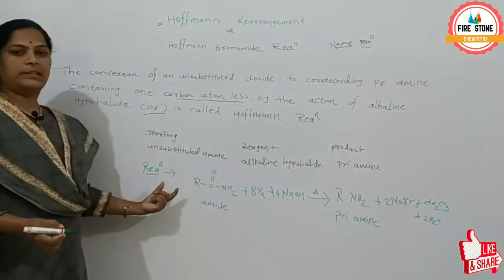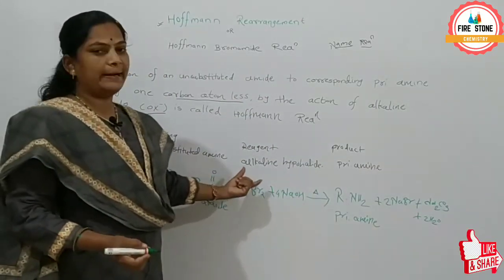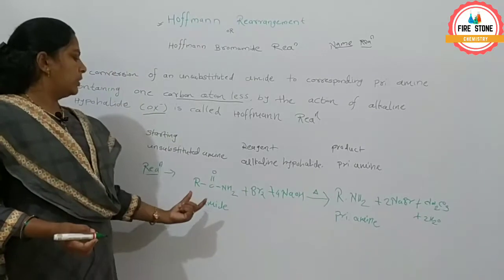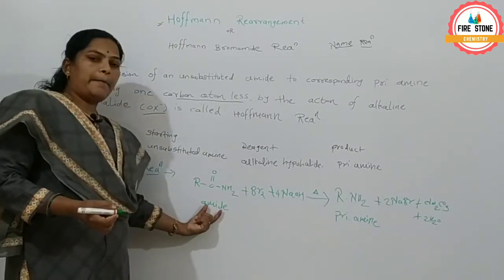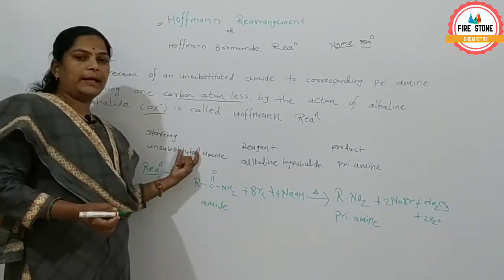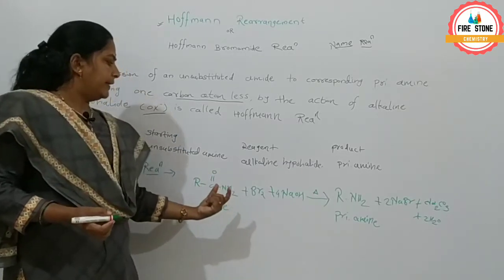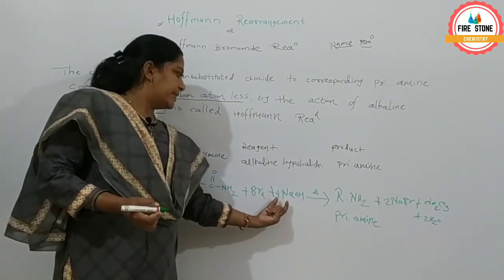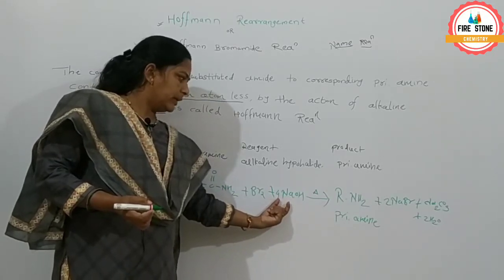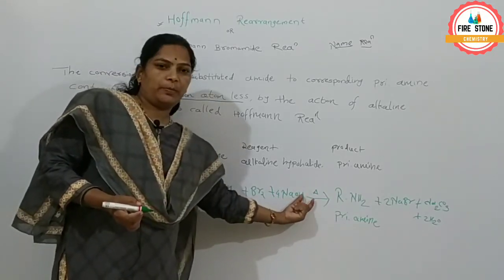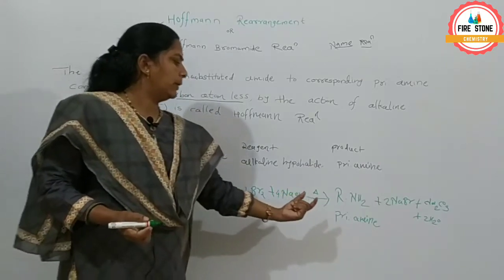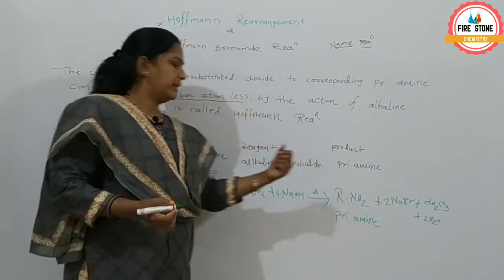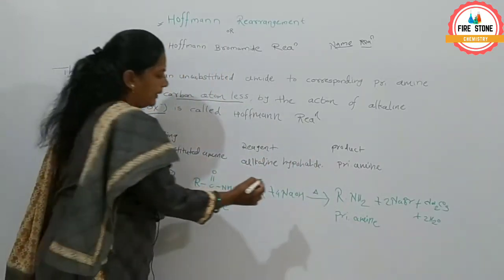So this is the Hofmann bromamide reaction, in which an unsubstituted amide, with the reagent Br2 in presence of alkali and heat, gives the product primary amine, which contains one carbon atom less.